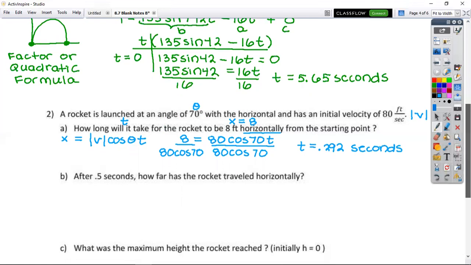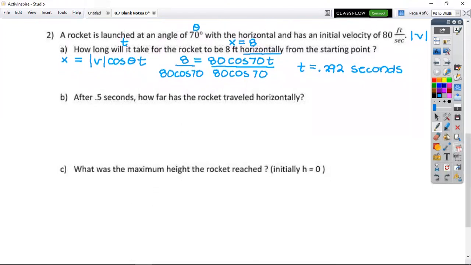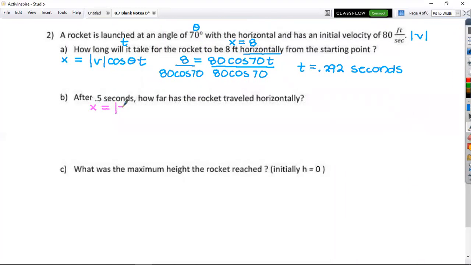So now we're going to sub back in. The horizontal equation is going to be X equals the magnitude of your velocity and then cos theta t. So I don't know this, the other side now. And velocity was, looking for it, 80.